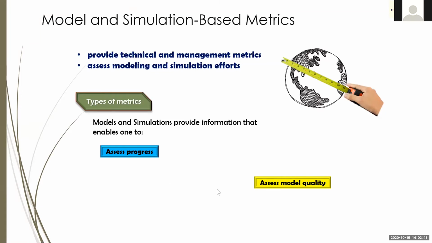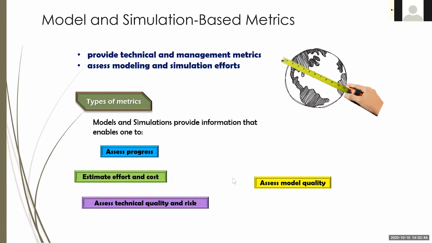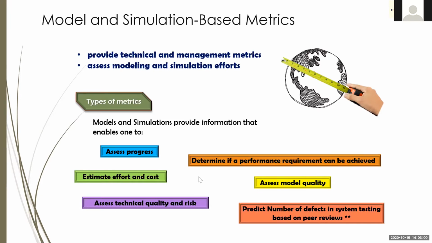We might assess the quality of the models, or we may assess the quality of the systems as we are building that model, okay? And we might also use it to estimate the effort and cost. We might use it to assess the technical quality and risk. We may determine if the performance requirements can be achieved. Okay, these are some of the examples that I was giving you before.